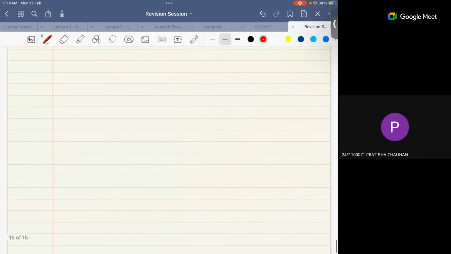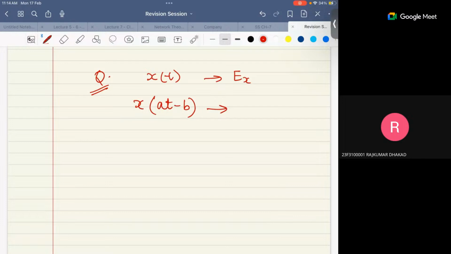Yes, sir. Now, for example, if a question was given that x(t) has an energy E, what is the energy of x(at minus b)? What will be the energy? E by mod a. Correct.